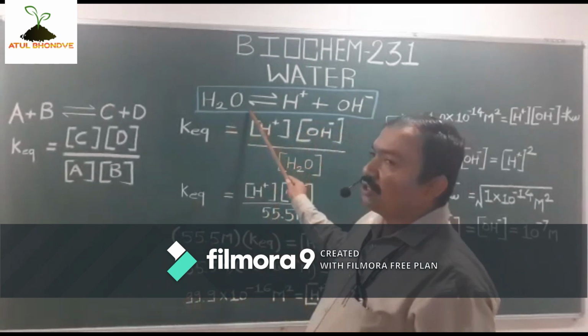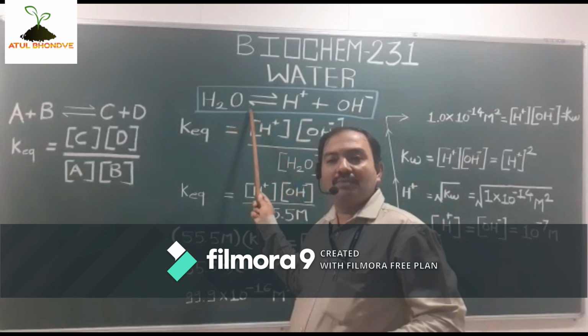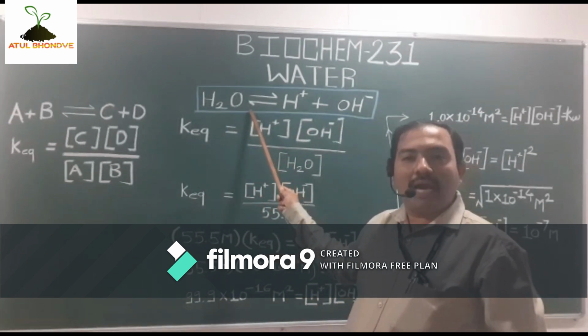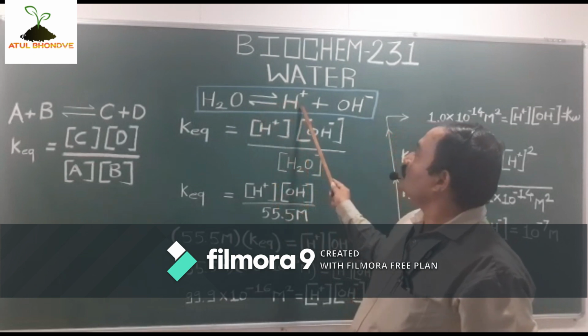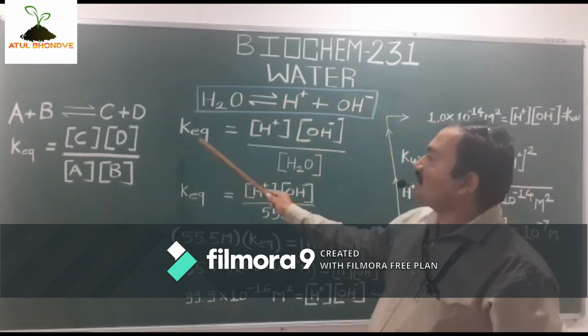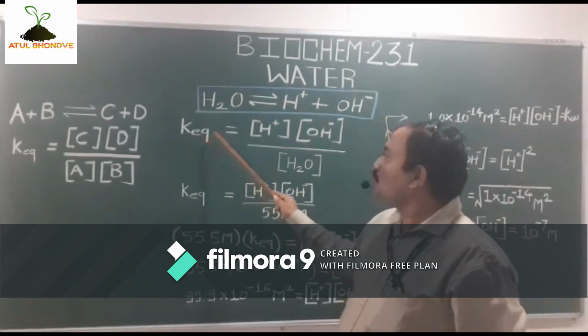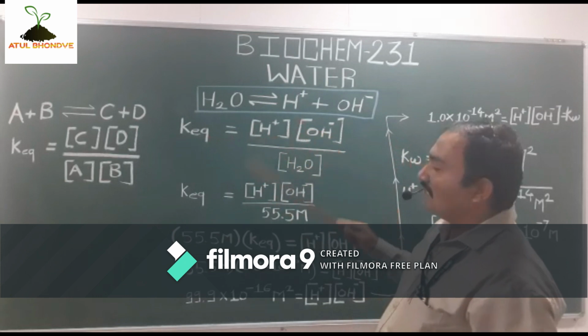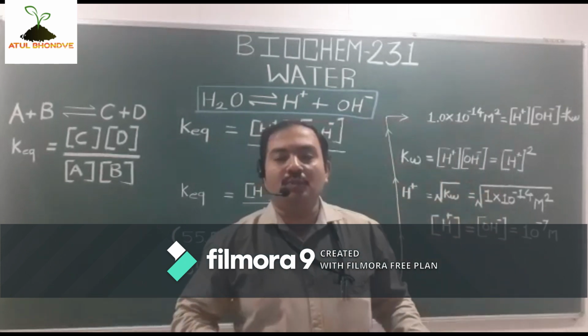Here H2O shows a slight tendency of reversible ionization to yield H ion and hydroxide ion. So K equilibrium is equal to H plus and OH minus divided by the H2O molecule.